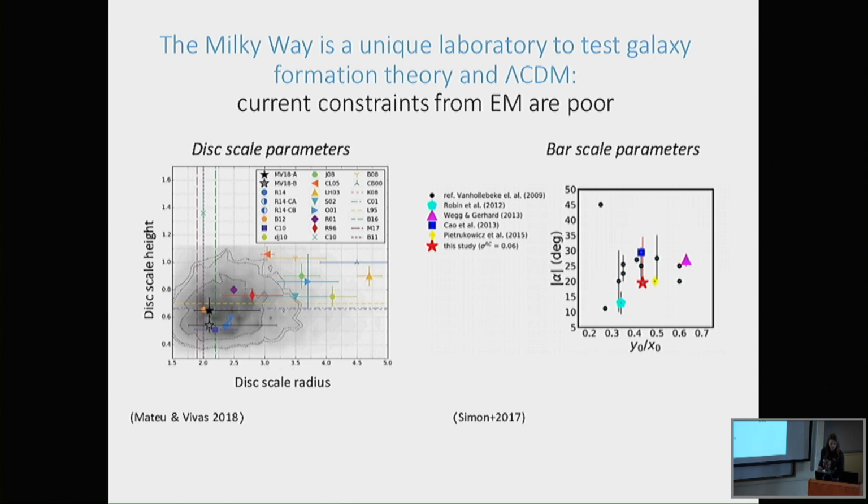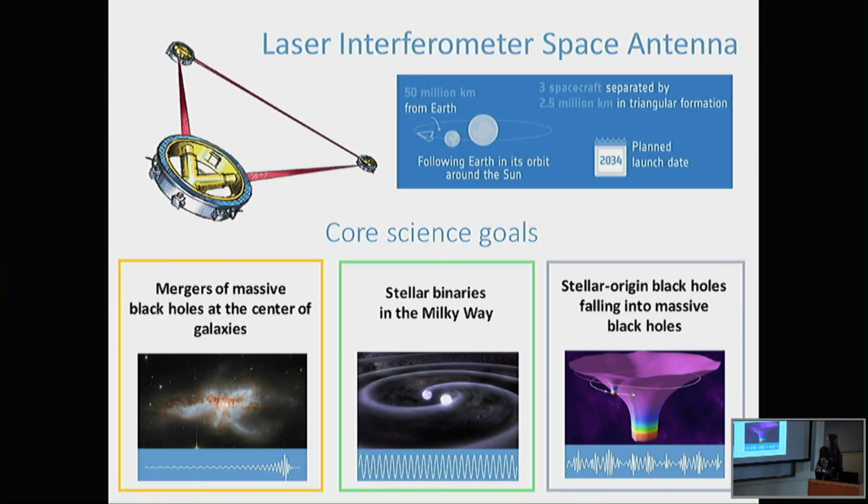So I propose to overcome these difficulties by using gravitational waves. And this will be possible with the future LISA mission. It is an ESA-led mission that will consist of 3 spacecraft linked by lasers. The arms of this interferometer will be 2.5 million kilometers long.